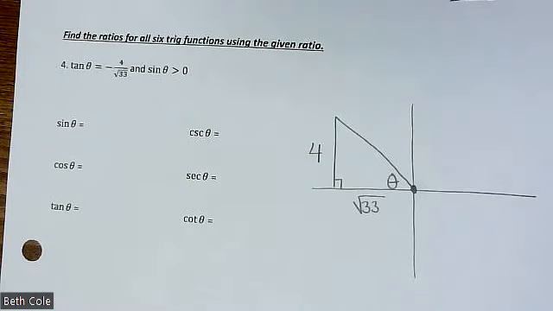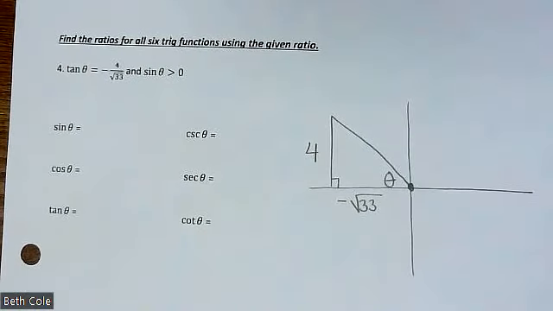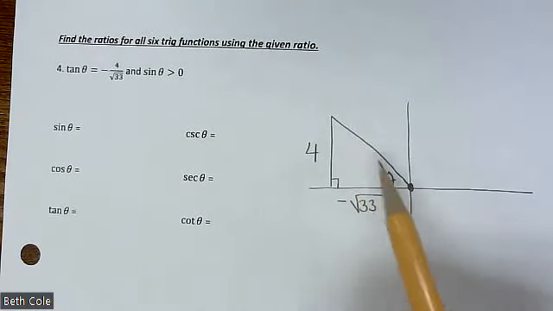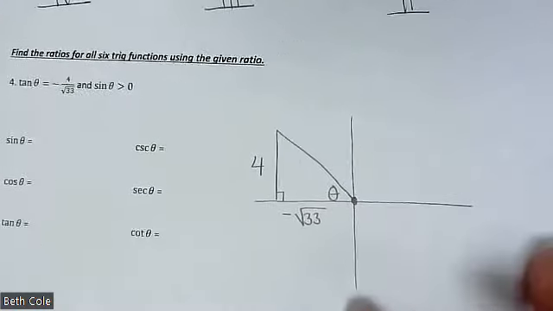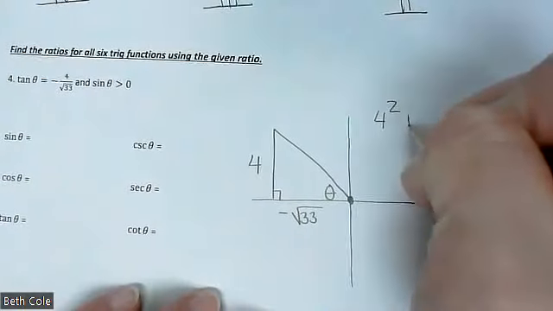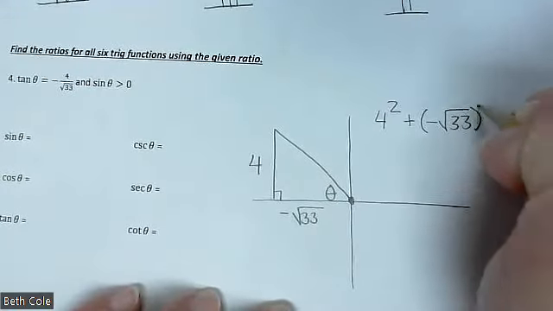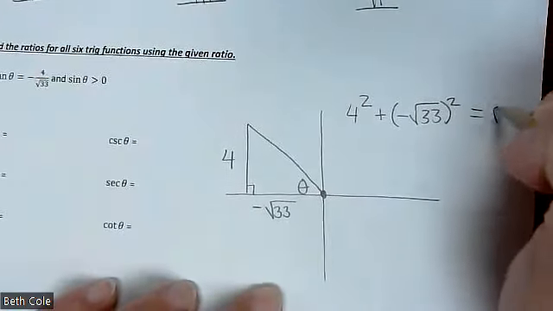So which one gets the negative? Good, because it's in quadrant 2. So your x value is negative, your y value is positive. Sweet. How do I get r? Good. 4 squared plus negative square root of 33 squared equals r squared.